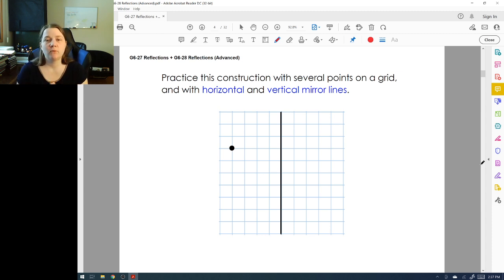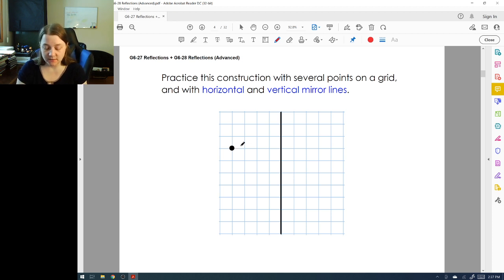Now, if you think about what happens when you're interacting with a mirror, as close as you are to the mirror, that's how close your reflection is. As far as you are from the mirror, that's how far away your reflection is, and it's a straight shot. So, if I look at this point and I want to reflect it across the mirror line, I need to see how far away the point is from the mirror.